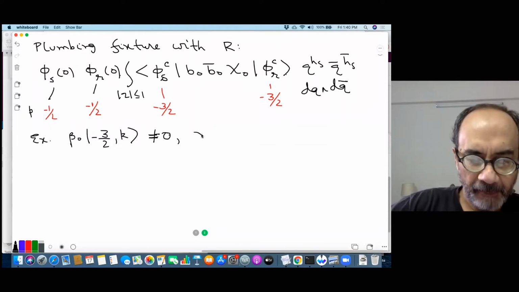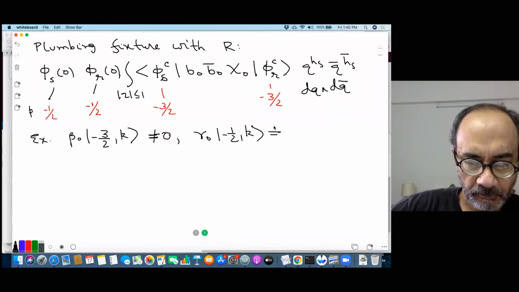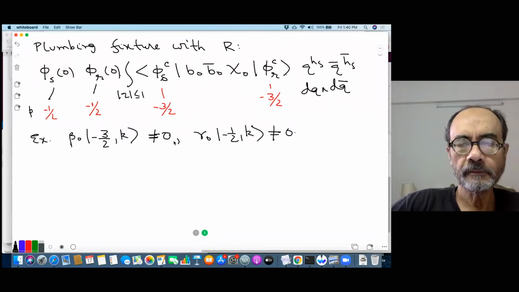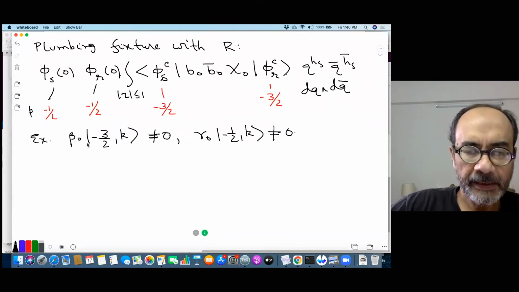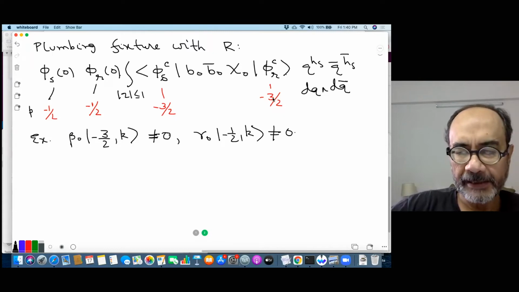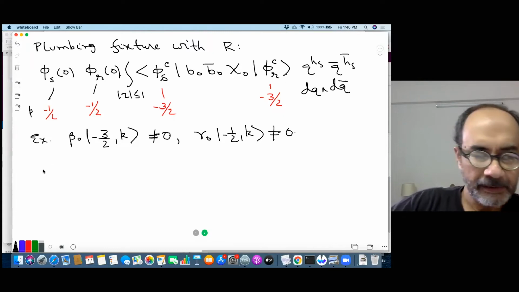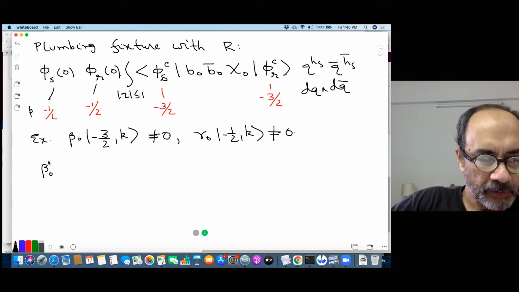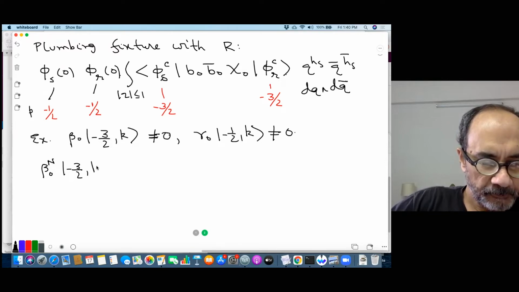For gamma 0 it is the other way: gamma 0 acting on minus half k is not 0. So if you are trying to build a basis of states in the minus 3 half picture number, we can take beta 0 to the power n times minus 3 half k.